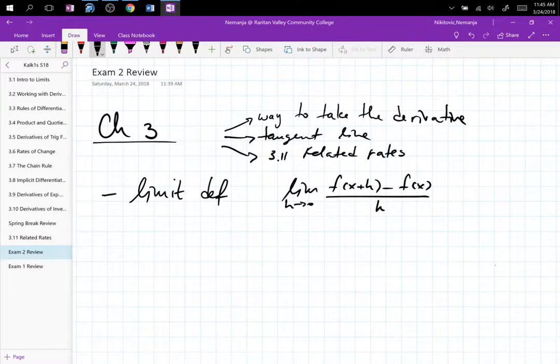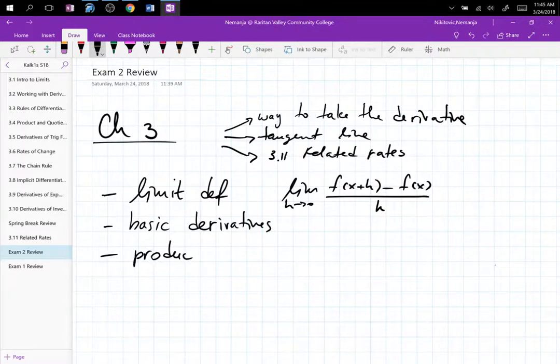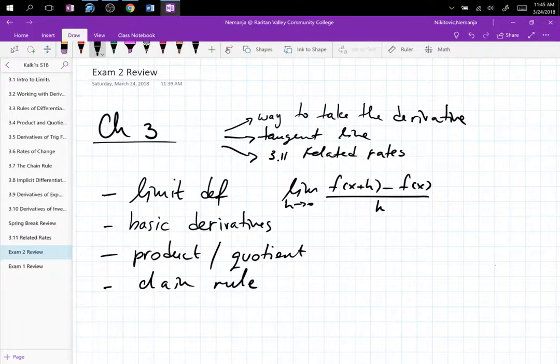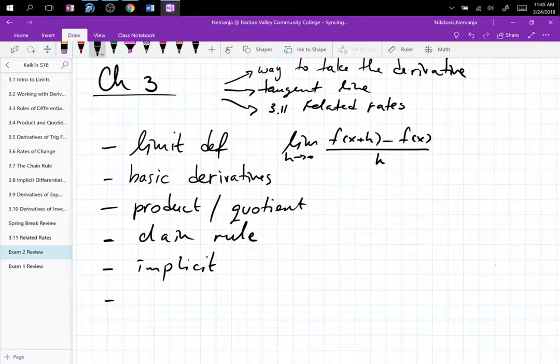So limit definition, basic derivatives, product, quotient, chain rule, implicit. By the way, in basic I'm going to stuff the trigonometric as well, because learning the derivative of sine is cosine, that's the basic idea. It's not right, so I'll add trig there, and inverse trig.